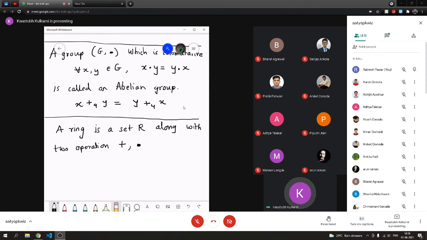we satisfy the following. So first condition for a ring is that R plus must be an abelian group. R plus must be an abelian group.